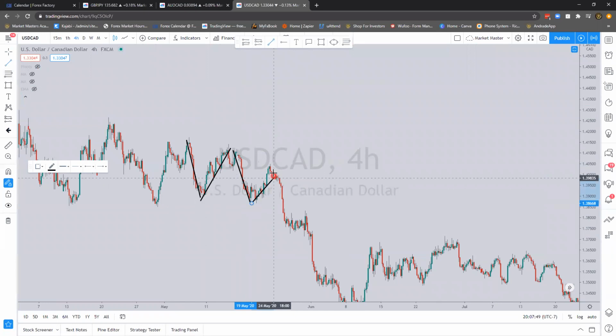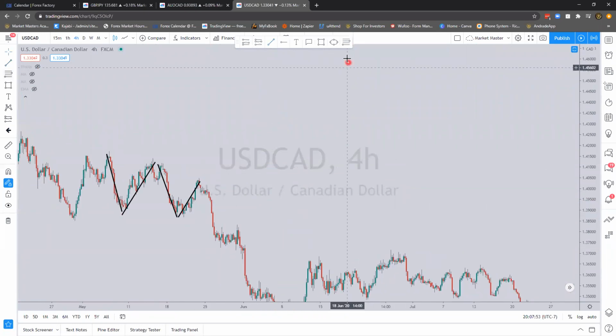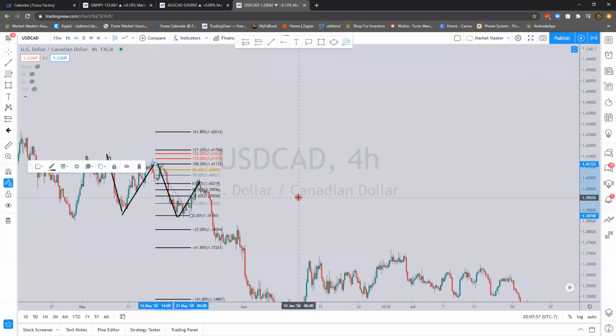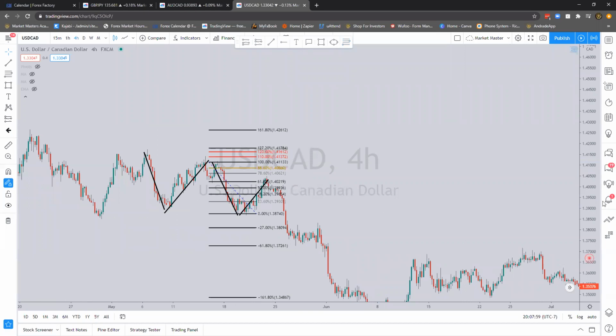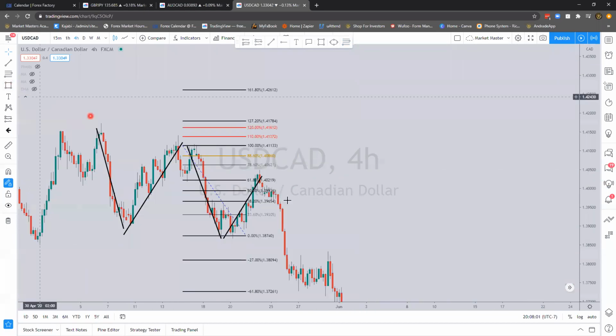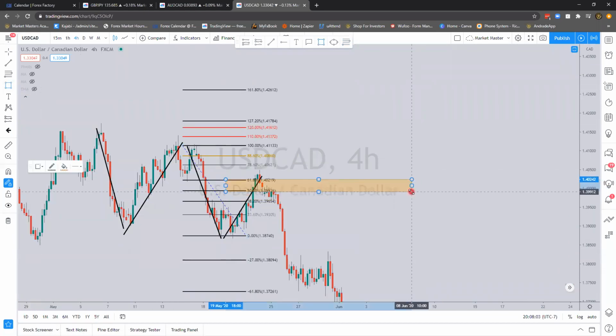And then we can see price come up. And as the price is going up, that's where we can do our fibs from this high to this low. And if I zoom in there, I normally draw my box in between 61.8, 50% area. We can see price came up to this area, that 50, 61.8.